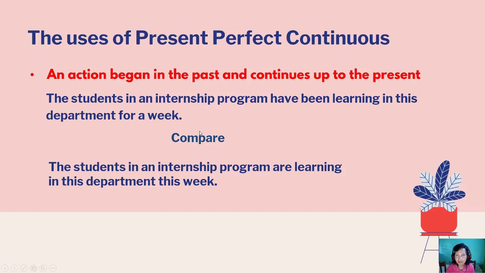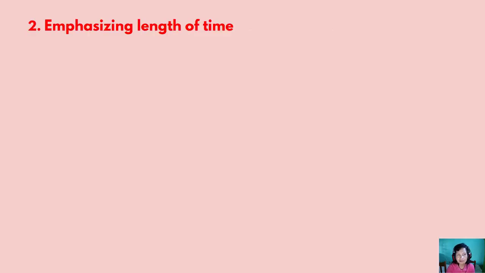But in present perfect continuous, we want to emphasize the duration. The time expression here says how long this activity has been in progress. So if you want to emphasize the duration, use the present perfect continuous. But if you want to show just what is happening now or in this period of time, you use the present continuous.